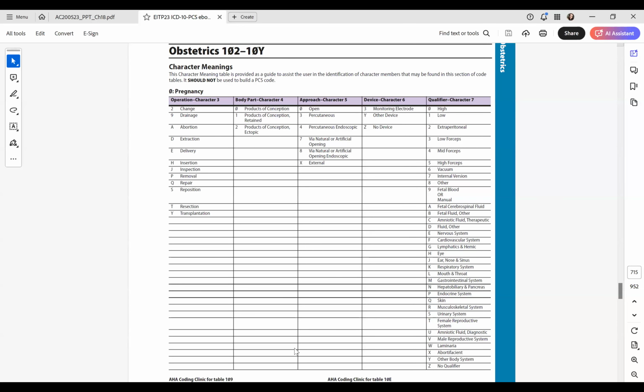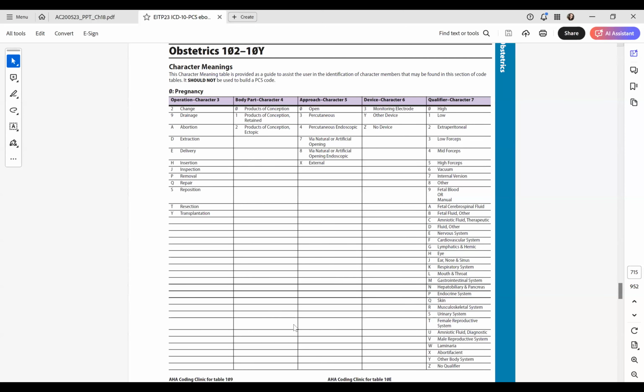And again, we have some body parts, but things that are a little bit different. We have such things as products of conception, retained, products of conception, ectopic.